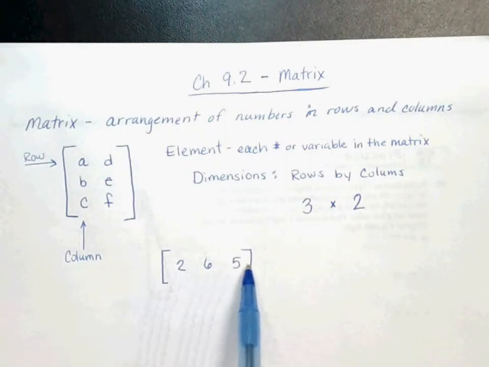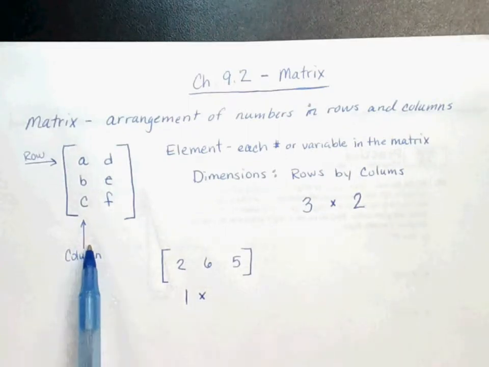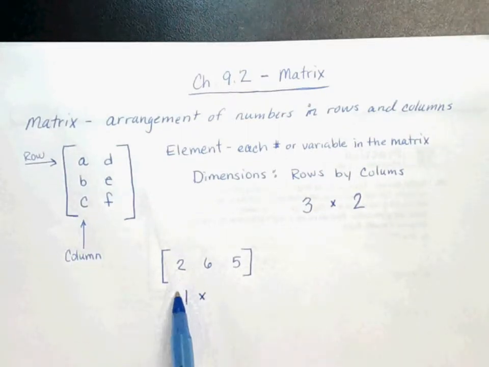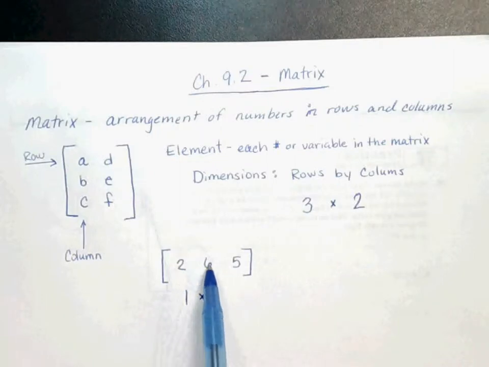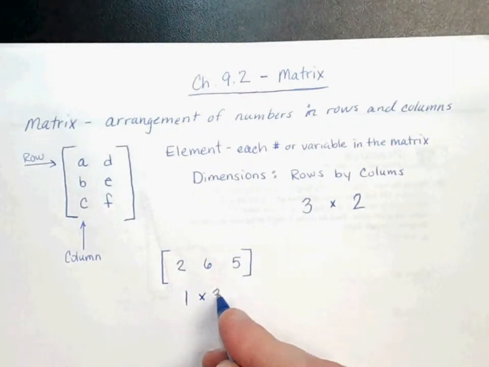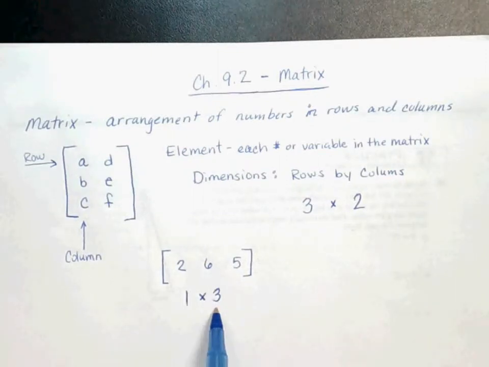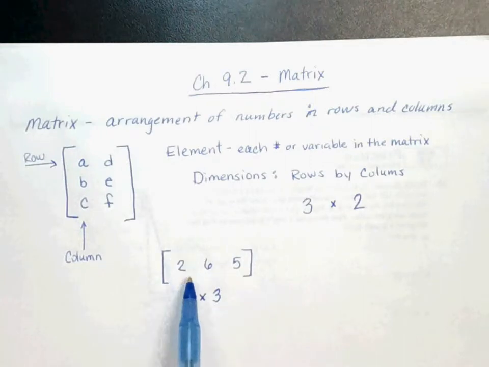In this case, we just have one row. Now let's see how many columns we have. Well, we've got one column, two columns, three columns. So this matrix here would be a 1 by 3 matrix because it's got one row and three columns. Even though there's only one number in each column, it still is a column.